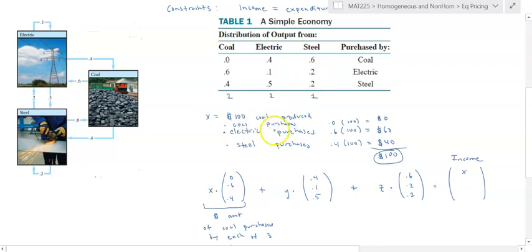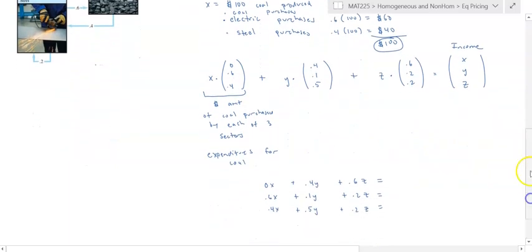Well, some of it will be kept, right? And that's what the 0x is accounting for over here. And also then the electric sector will produce Y dollars. That'll be their income because 100% of it gets sold. And then the steel sector will produce Z dollars of steel, and that will be their income.